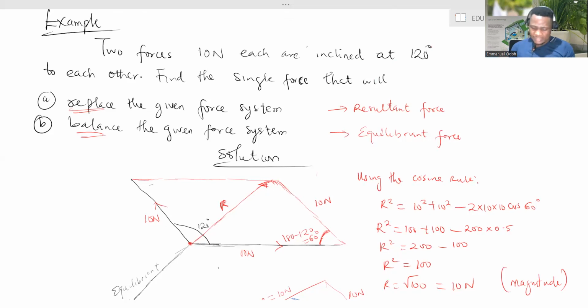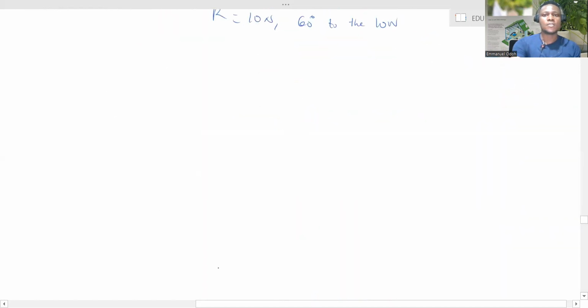So we'll pick another example where we apply the triangle of forces.